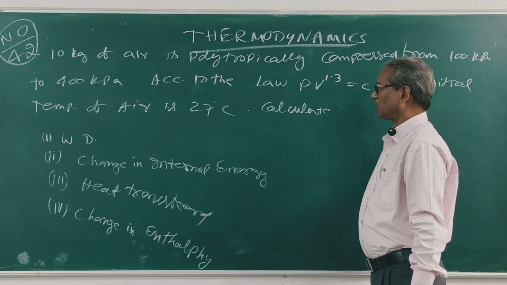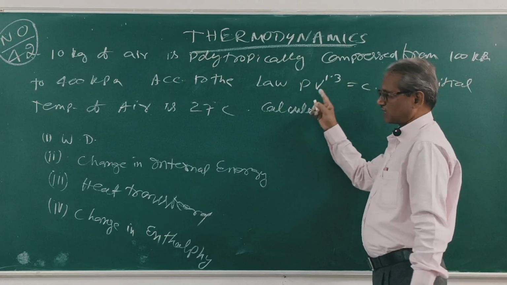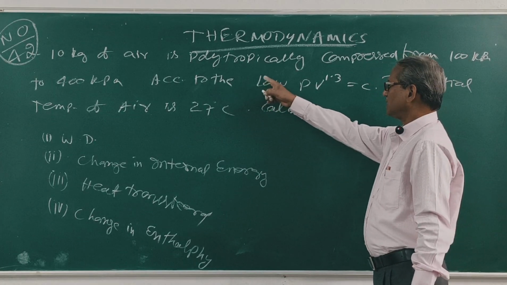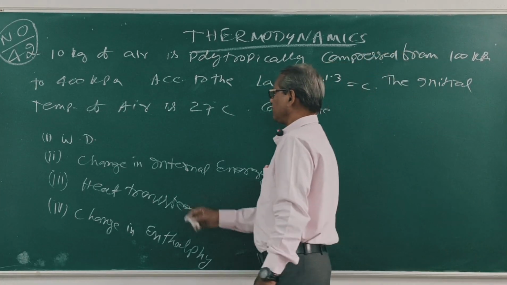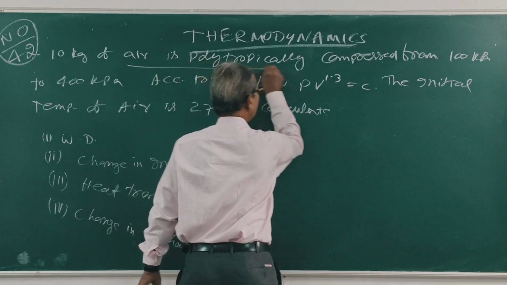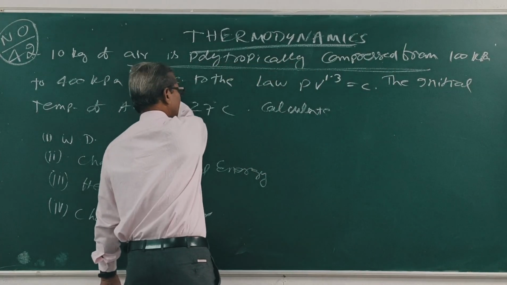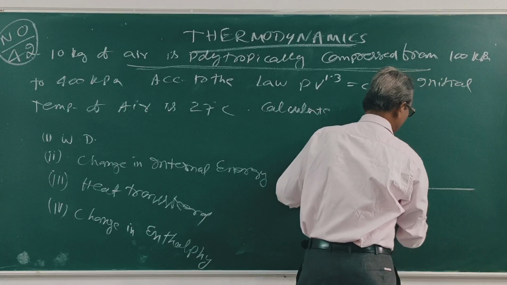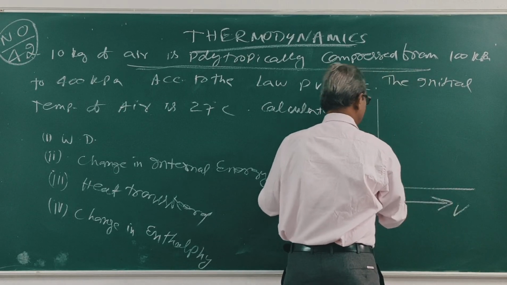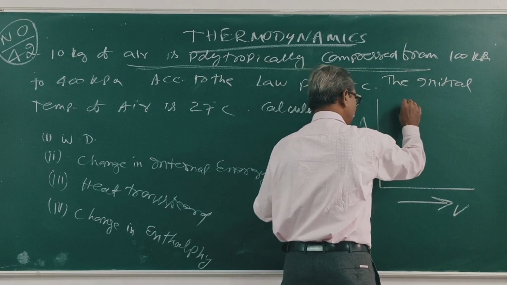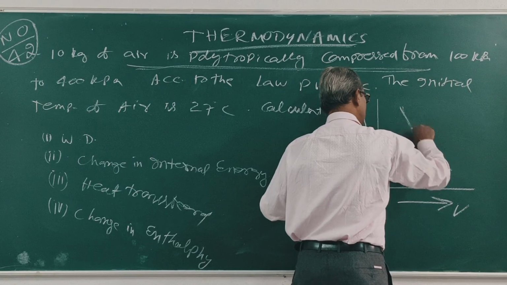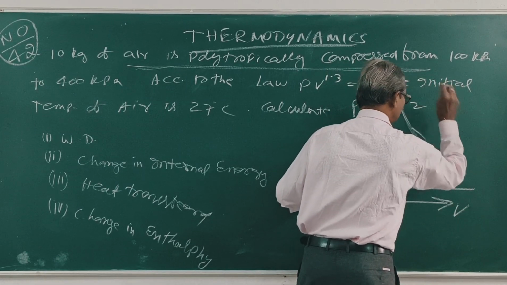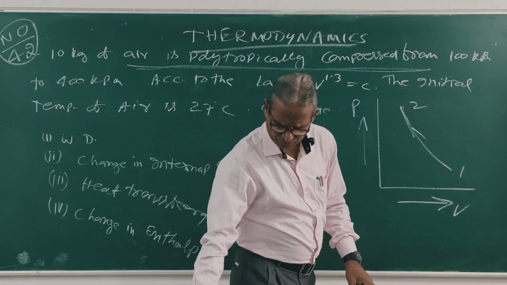So first draw the figure. This is a compression process. Air is polytropically compressed. This is volume V, this is pressure P. The compression process goes from 1 to 2.